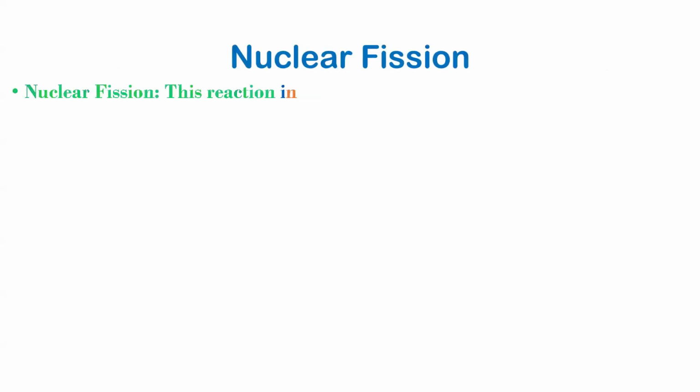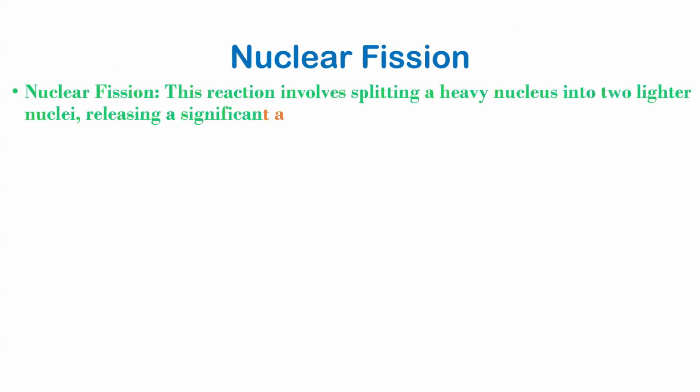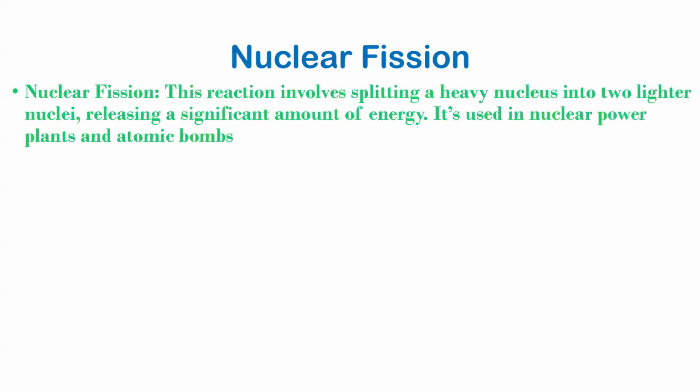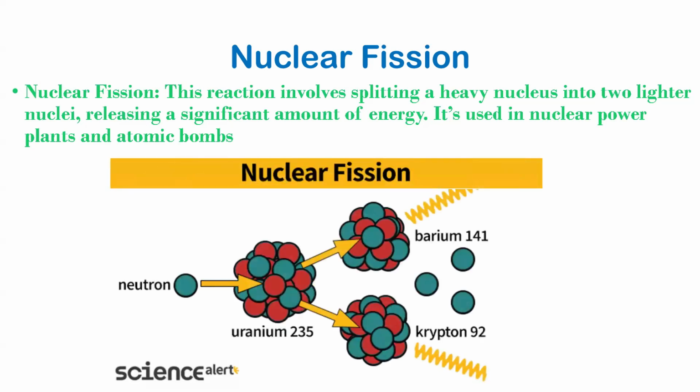When you say nuclear fission, it is a reaction that involves splitting a heavy nucleus into 2 lighter nuclei, releasing a significant amount of energy. And it is used in nuclear power plants and atomic bombs. So in nuclear fission, what actually happens is that we have a heavy atom, a very heavy nucleus, a very big radioactive element, which splits or breaks down to produce smaller ones.